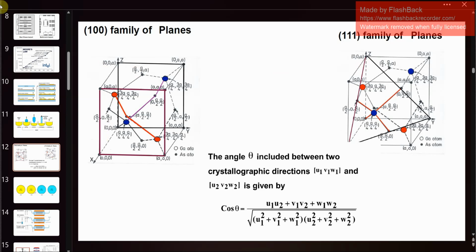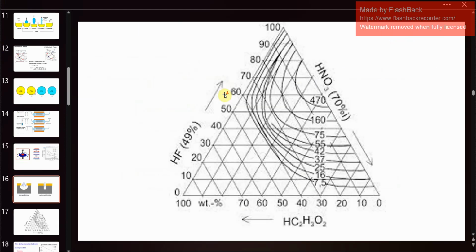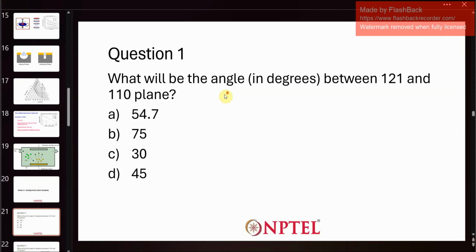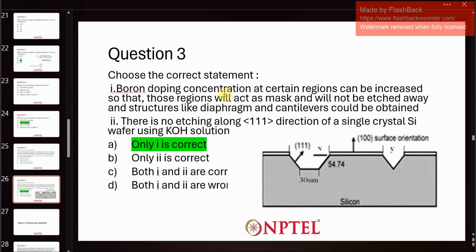We even had this in one of our previous answers as well. Here you can see the 110 plane is the flatter plane, and the 111 plane is the cross plane. The etchant is moving faster in the straight direction, but in the cross direction of 111, the atoms are blocking it.